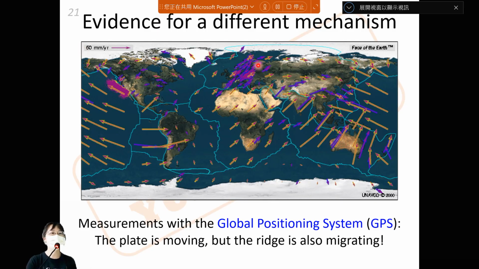For the globe, there are also a lot of GPS stations. Using that, scientists can monitor how the plates really move. And scientists realize that the ridge is also moving. It's also gliding. Measurements from the GPS show that the plate is moving and the ridge is also moving. It looks like the ridge is not really fixed at one place.